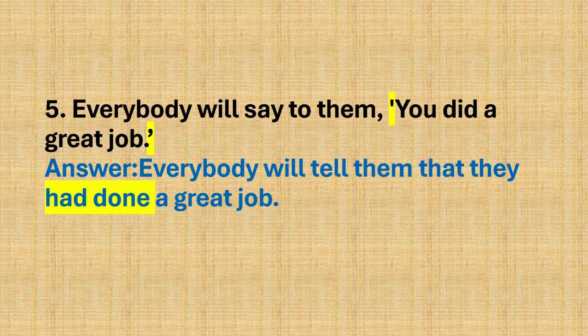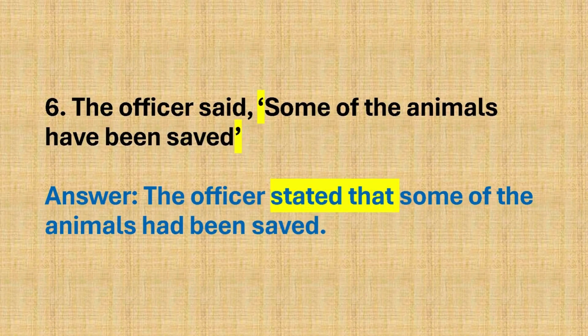About the tense shift, the simple past did changes to the past perfect had done to reflect the sequence of events. About the pronoun retention, them remains unchanged as it correctly refers to the people being addressed. About the sentence structure, that is introduced as a conjunction to smoothly connect the reported speech.